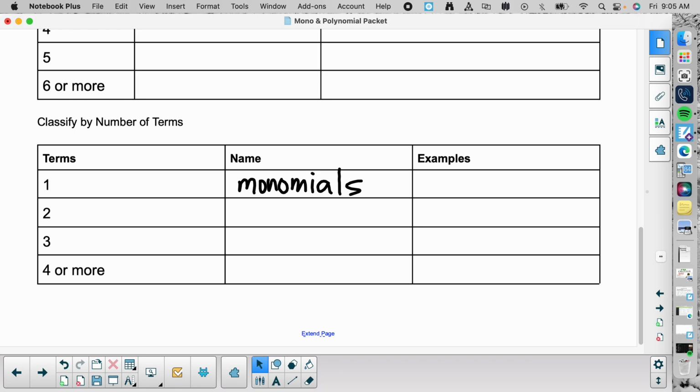Okay, Jack. You should know this answer, because I just mentioned it a minute ago. What is an example of one term? I said it out loud. I will take your answer and write it under 4 or more.